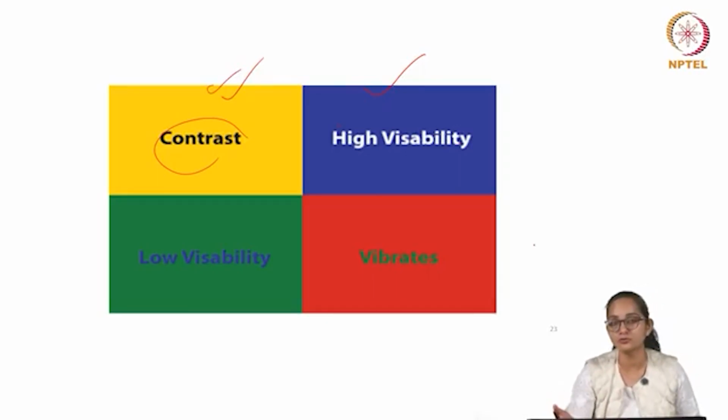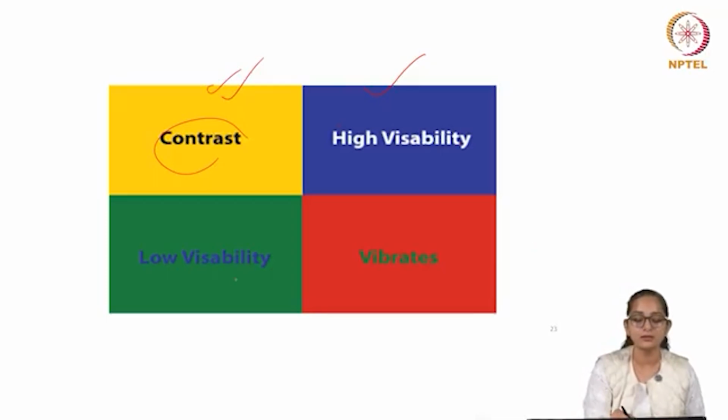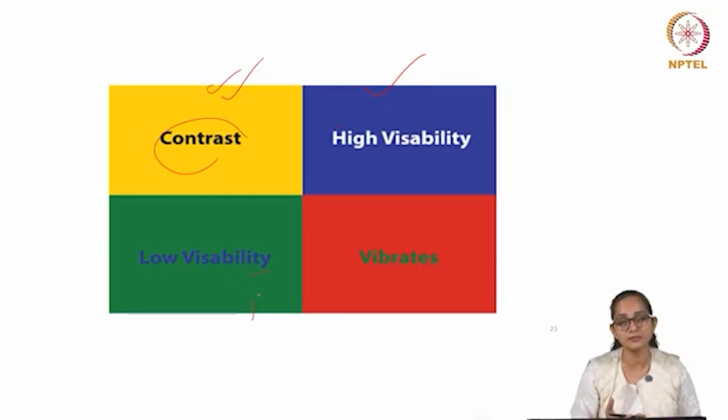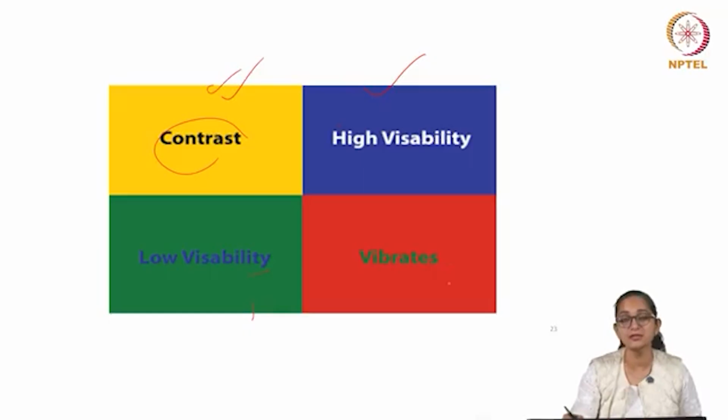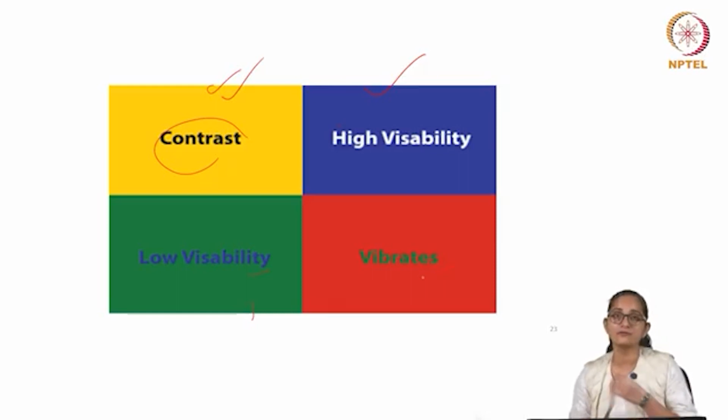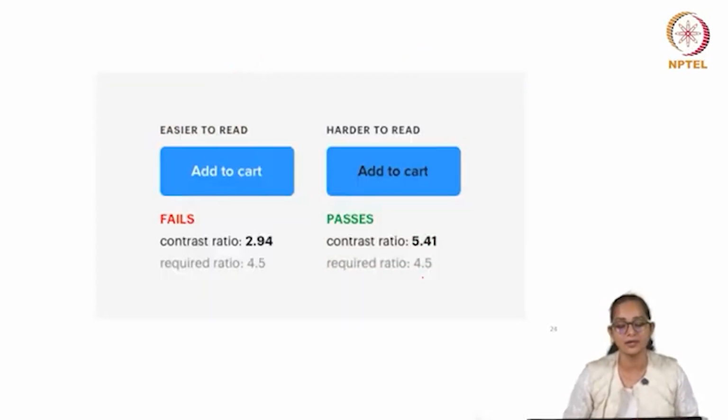White on blue is also highly visible, but blue on green has low visibility despite the fact that it may have the right color contrast. And similarly, with green on red the edges become vibrating, which again makes it difficult to read.